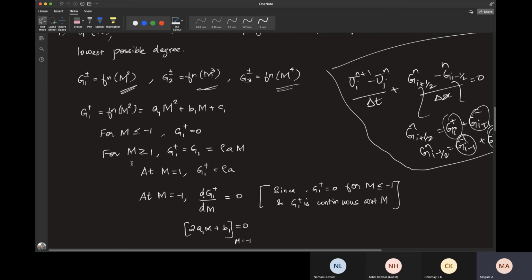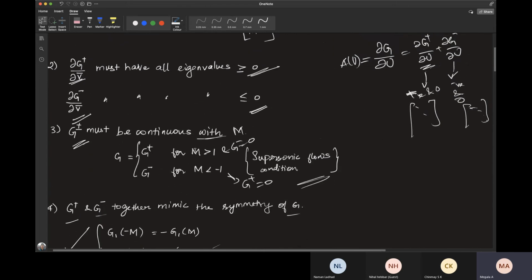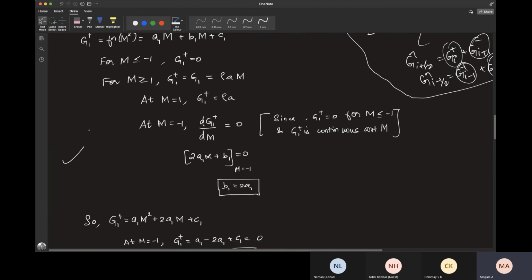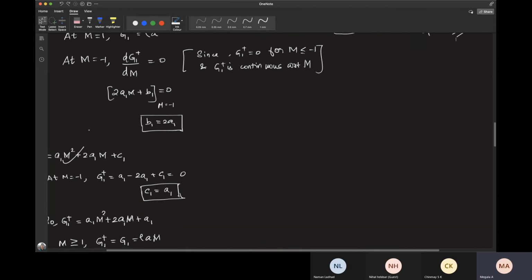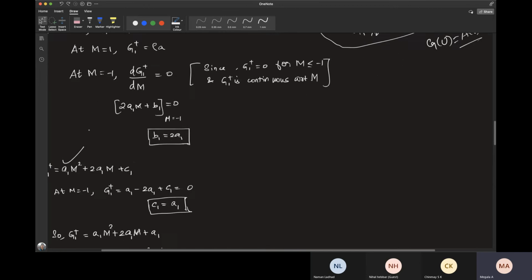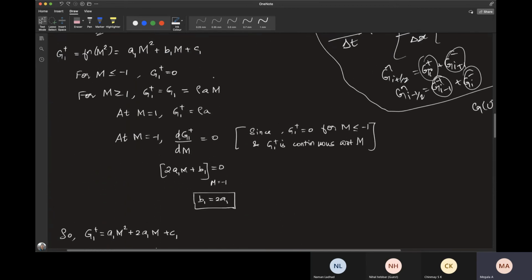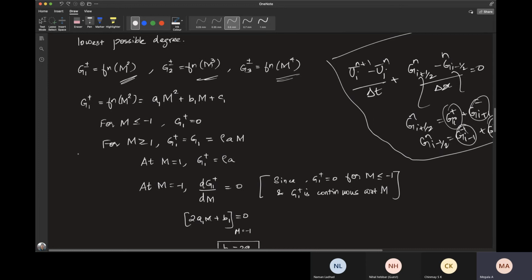And for Mach number greater than or equal to 1, which is supersonic flow towards right, you want g1 plus to be g1 and g1 minus to be 0. That is your third condition. So he uses that condition over here.